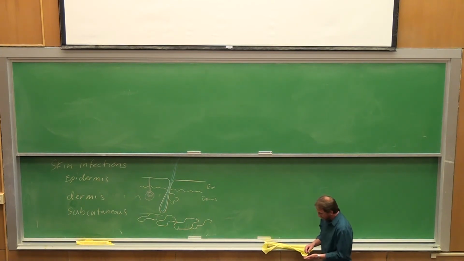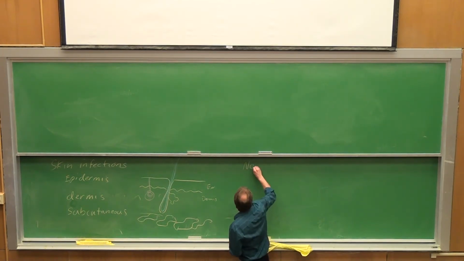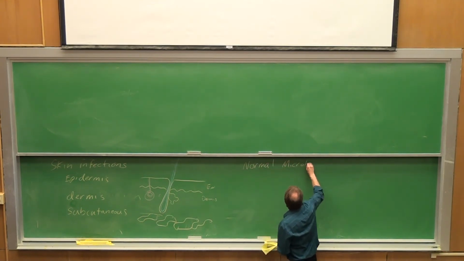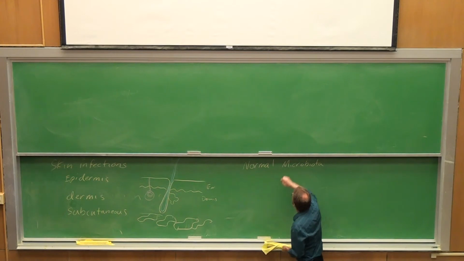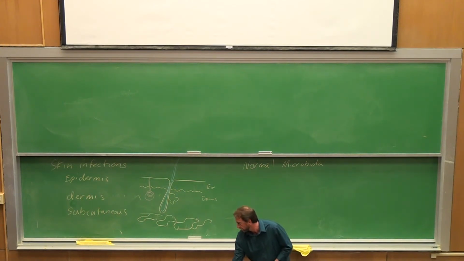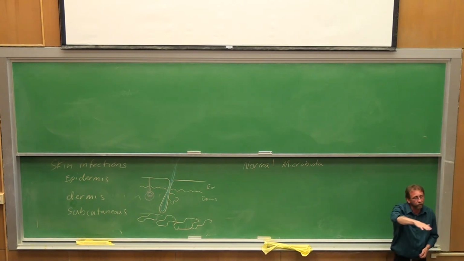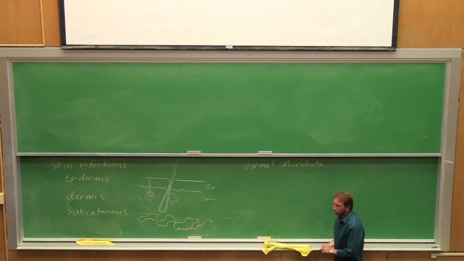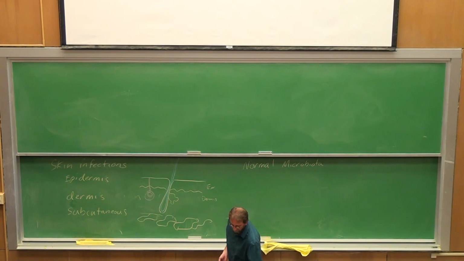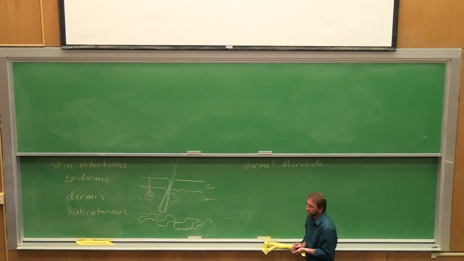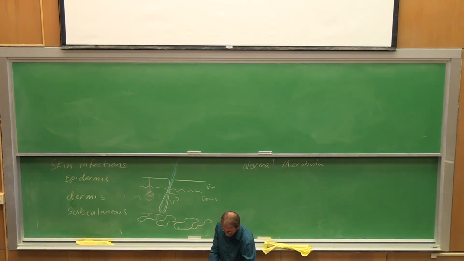When we consider our normal microbiota, those microbes that we find on the skin, generally in everybody in the population, of course this will vary depending on the individual, and climate can have an effect on your normal microbiota as well.